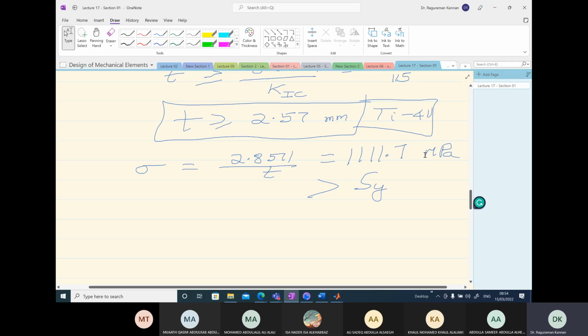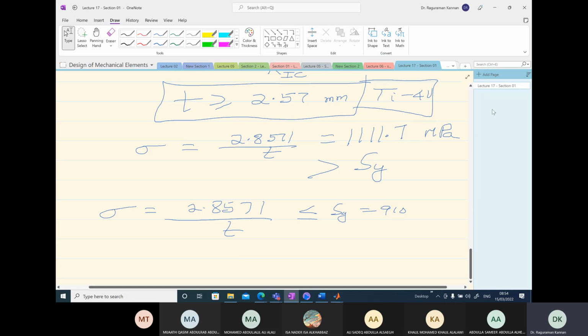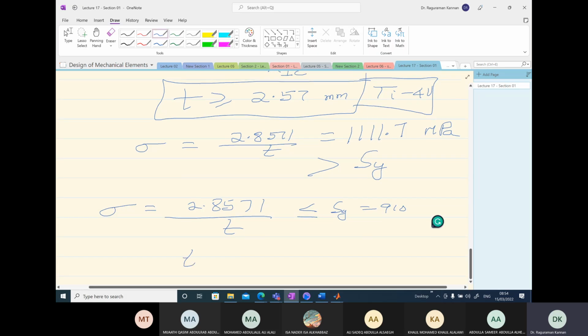Okay, so in that case, now again we do another calculation. 2.8571 over T, T is in meters, remember, and this should be less than or equal to SY equal to 910 megapascals. So in this case, what is the result?